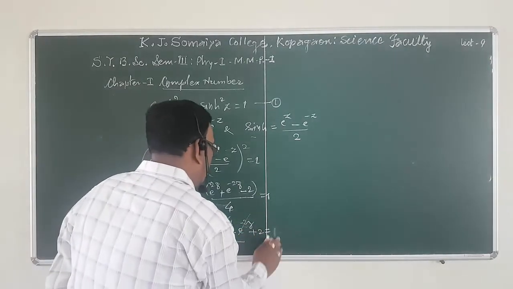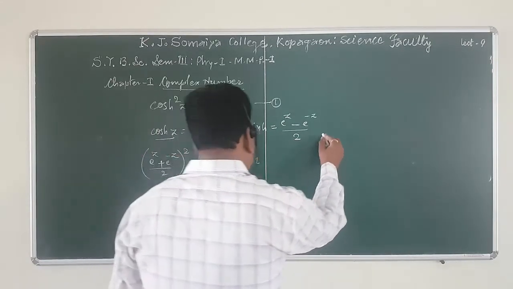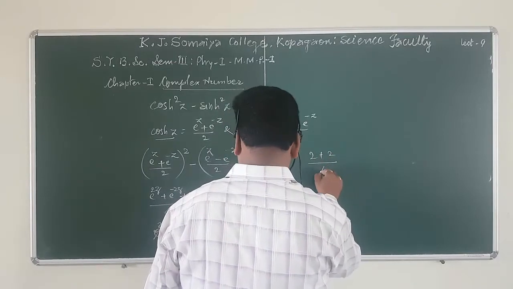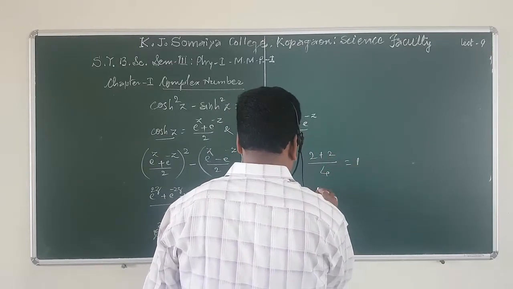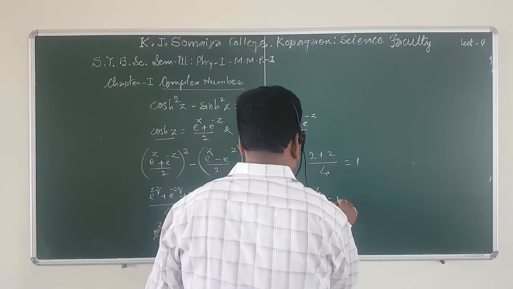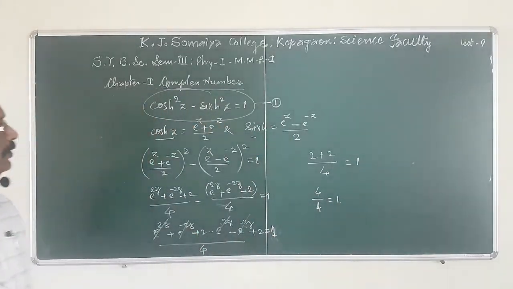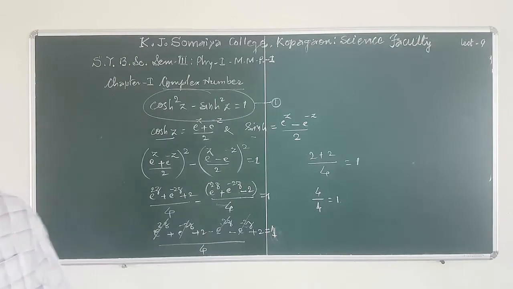And we have simply 2 plus 2 upon 4 is equal to 1, or 4 upon 4 is equal to 1. That is, cosh square z minus sinh square z is equal to 1.